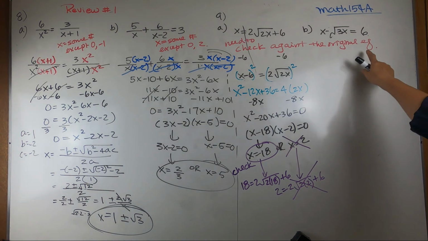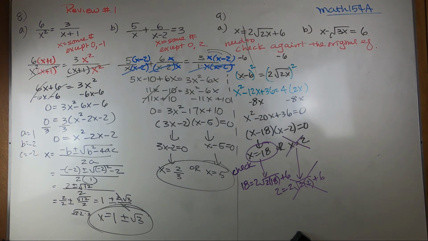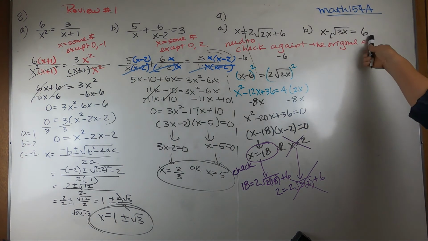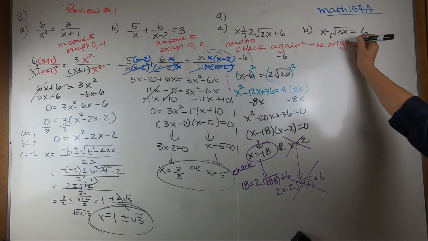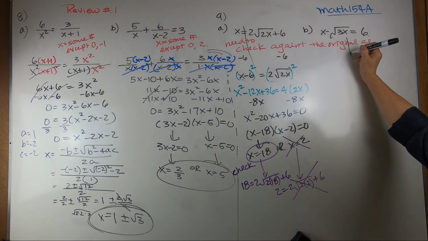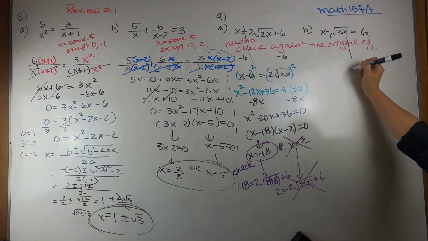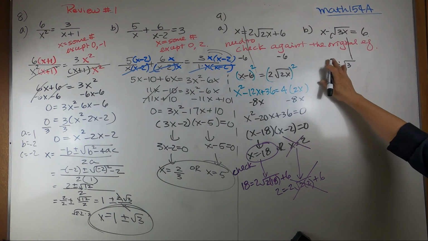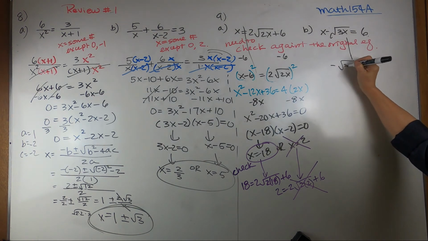How about this one? How should we start? Same thing. Move 6 over, move that over, right? You have to get the radicals by itself. So this one will be, oops, negative 3x.